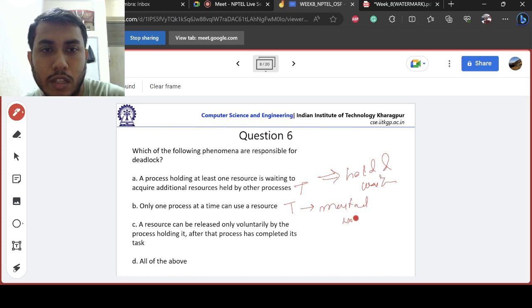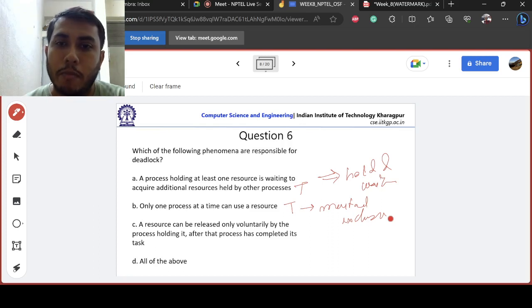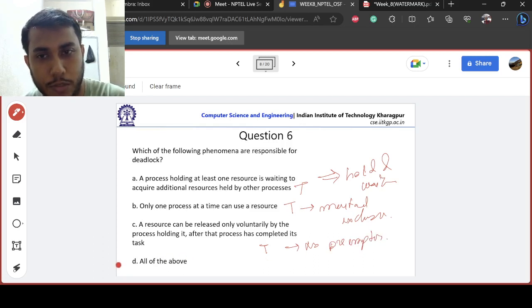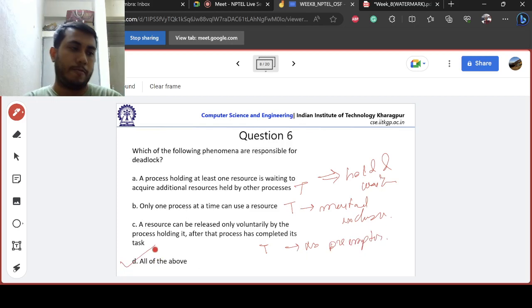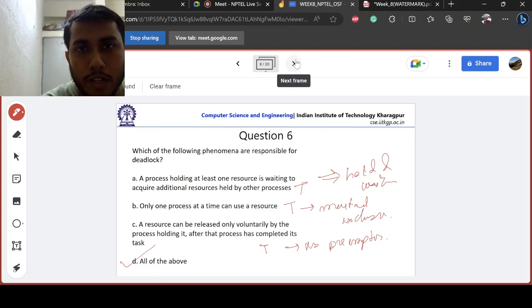Mutual exclusion. A resource can be released only voluntarily by the process holding it after the process has completed its task. True. That is no preemption. So the correct answer is option D, all of them. Okay, so let's go to the next one.